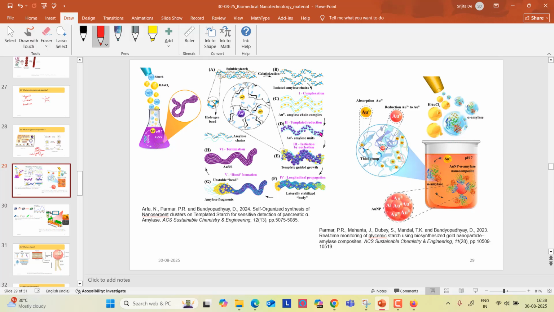So what will happen is that around the gold nanoparticle, a layer of starch will form, and that will lead to our glyconanoparticles. Similarly, around the gold nanoparticle, amylase functionalization happens. So this is also another kind of glyconanoparticle. This is starch, this is amylase.